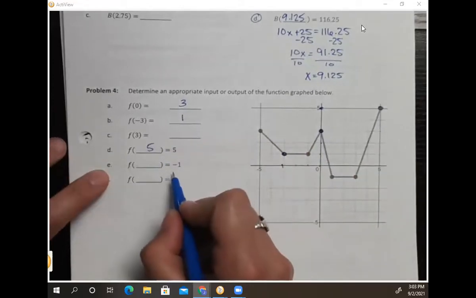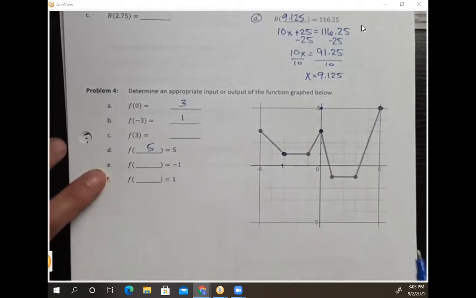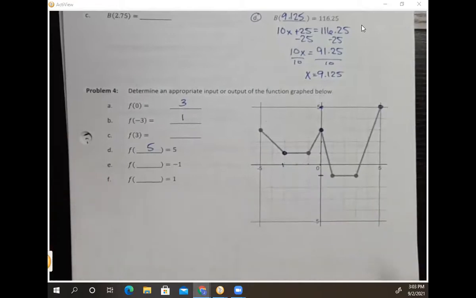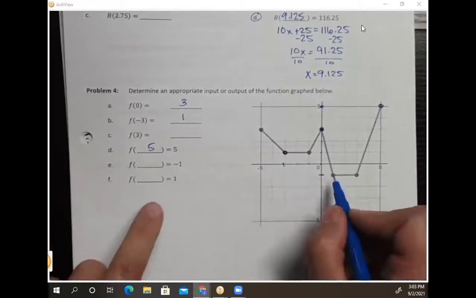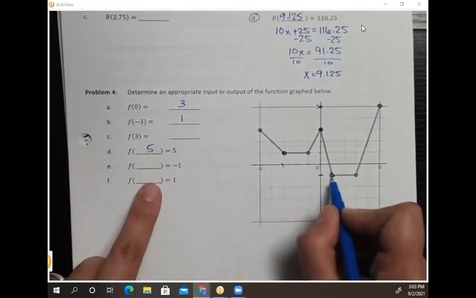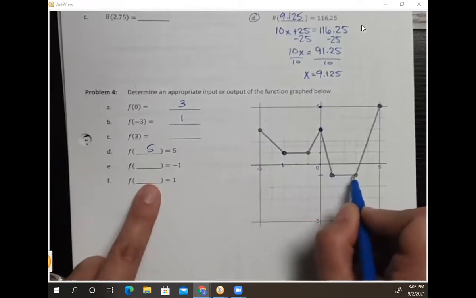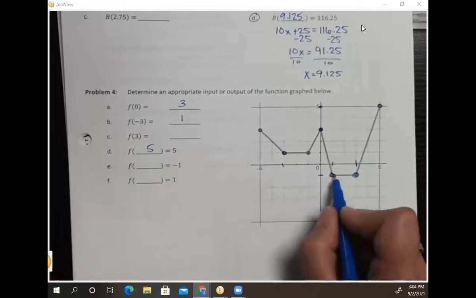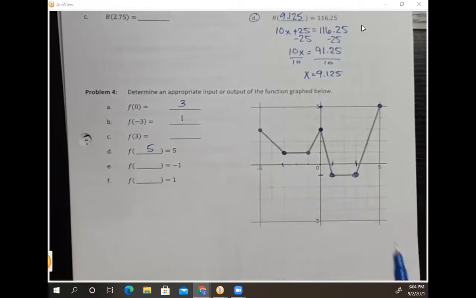And then for E, f of what equals negative 1? I heard somebody say it already. So this means my y value is negative 1. Now we looked at a homework problem like this the other day. So I've got a point at 1 here. But then I also have a point when x is 3. I've got two values. Technically, I have a whole string of values in here.